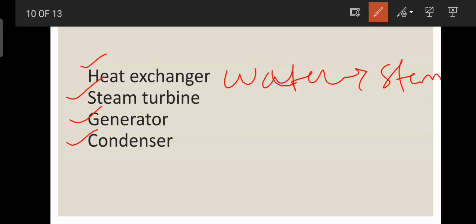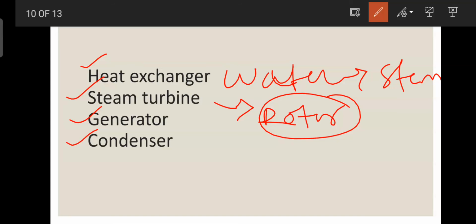The steam turbine rotates the rotor, and to generate electricity the turbine rotor is connected to our generator. And in the turbine the steam expands, due to which the prime mover will rotate.